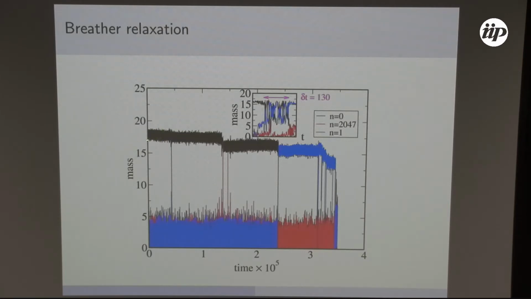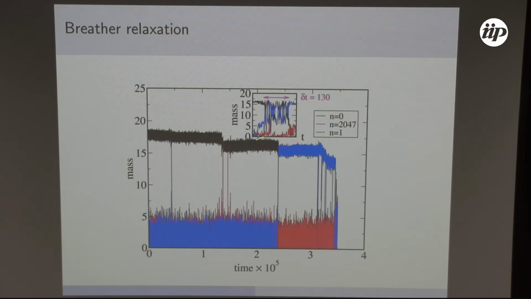You see that there is something non-trivial: here is the mass, it fluctuates for a long time, then it displays a jump, and in some cases, as you see here, the breather can jump from one side to the next one. And you see there is a strong correlation of these jumps with high excitation of the neighboring sites.